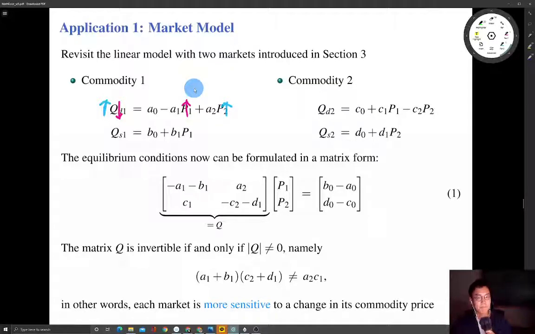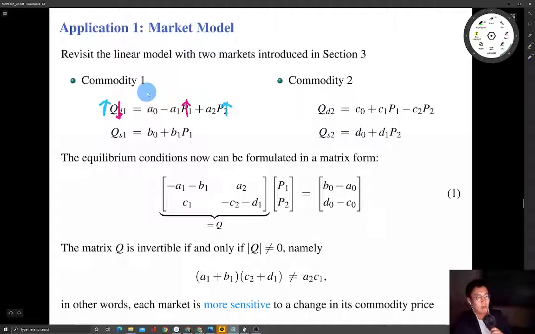Okay? And a similar relationship holds in the demand for good two. If the price of good one increases, demand for good two also increases. So we can see the same substitutability assumption holds in the expression of demand for good one and good two.